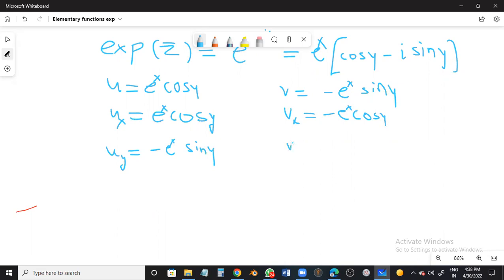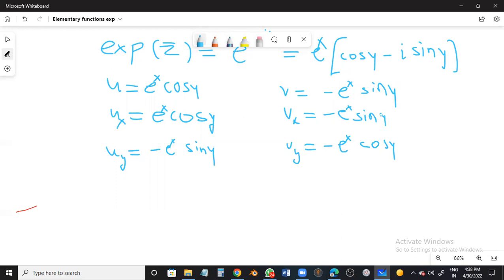And vy is minus e raised to x cos y. Is there any mistake? I think there is a mistake. This must be sin, isn't it? Yes, ma'am. Vx is minus e raised to x sin y. Yes, it must be sin. I'm sorry.